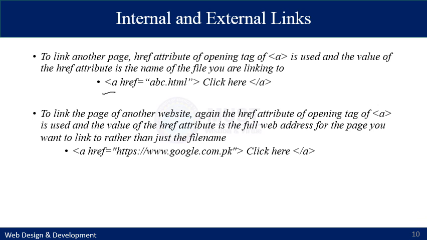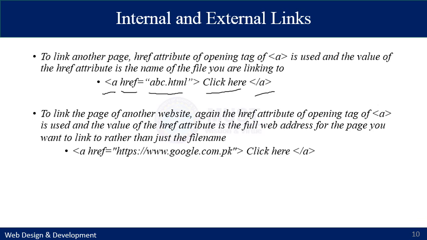So an anchor tag is used to specify the links, and the href attribute specifies the link of the actual output. For example, in this case, we want to reach an internal page known as abc.html, and we have the value click here. So when we click here, we will be directed to abc.html.